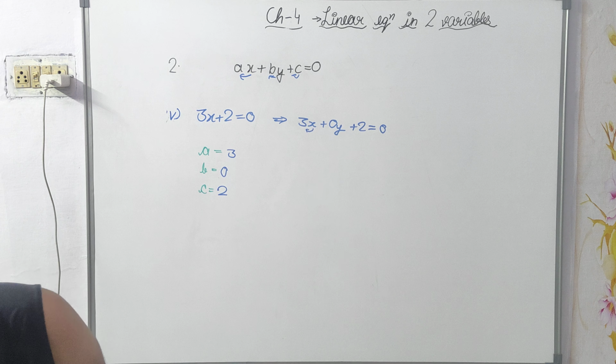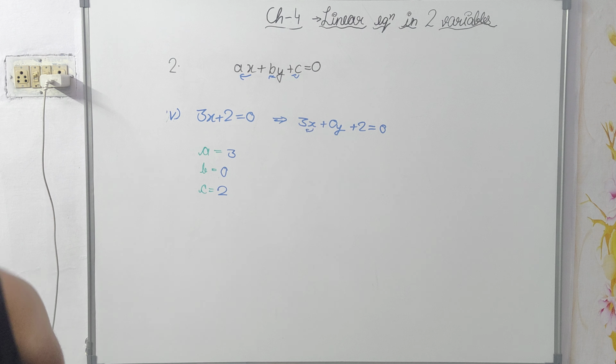Okay. Now our seventh question. y minus 2 equals 0. This is the question.